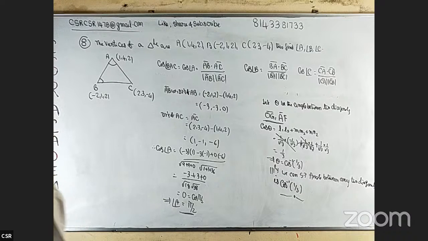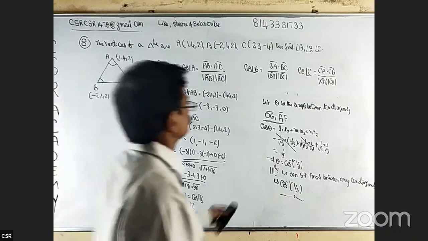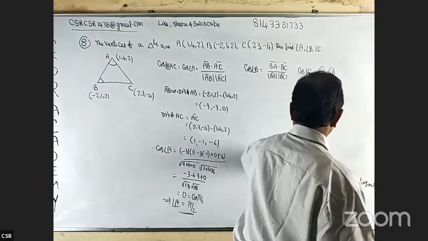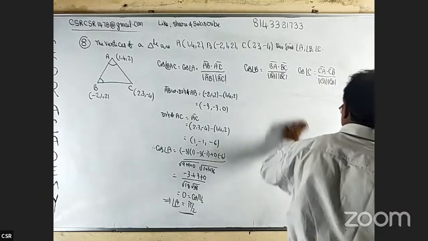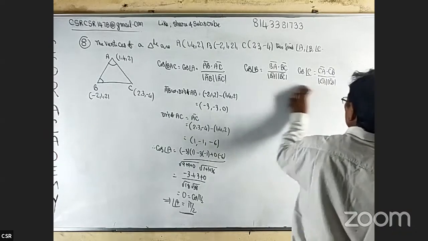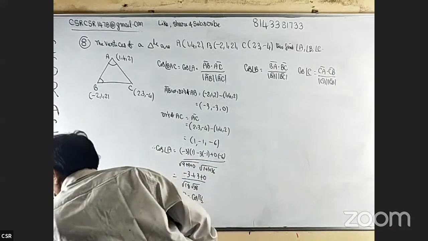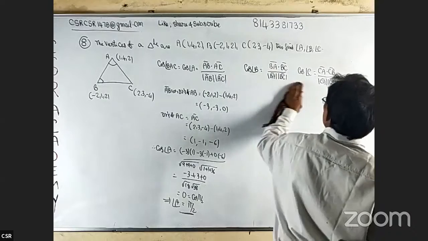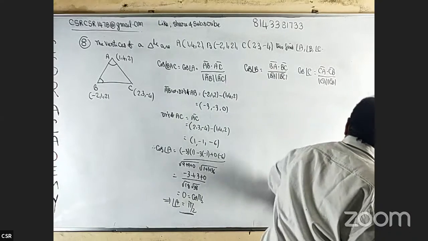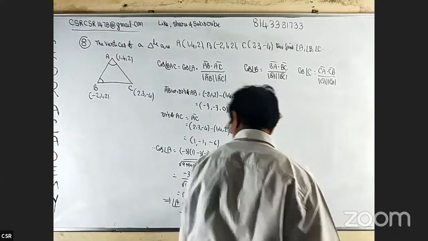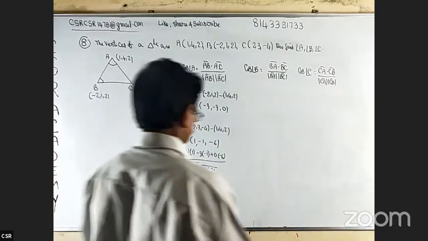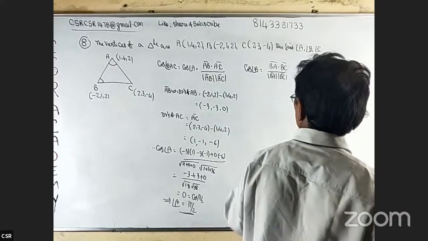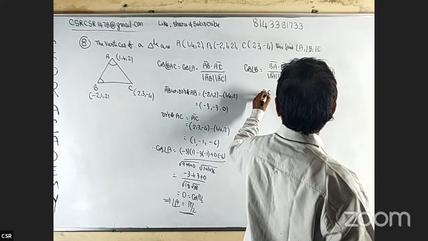Now we want angle B. Already we have BA bar, AB bar, and now BC bar.